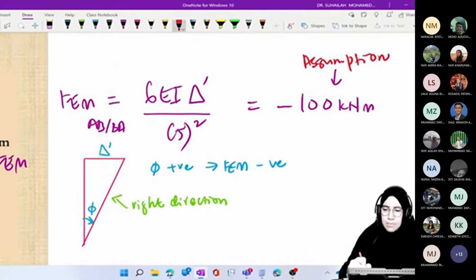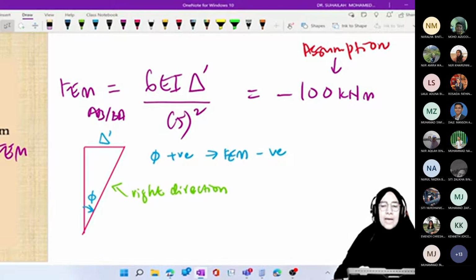And after we have assumed this value, we have to calculate FEM for other members in the frame using ratio, using formula, and it will be based on ratio.